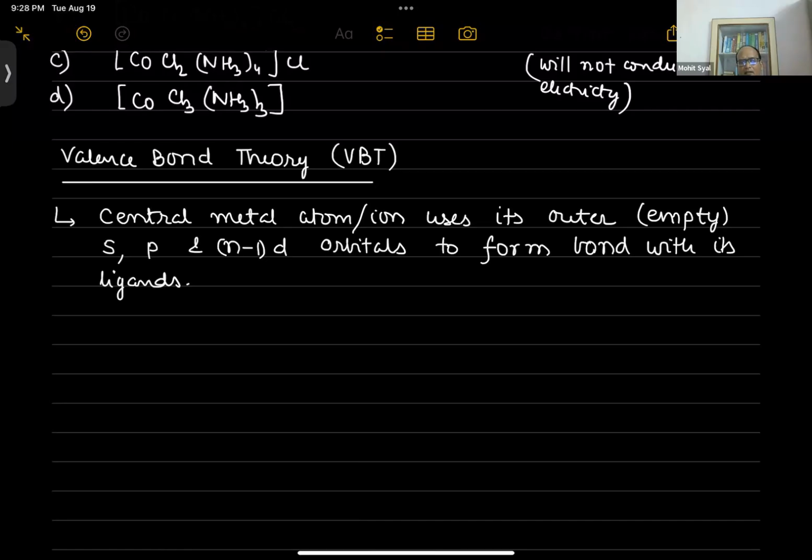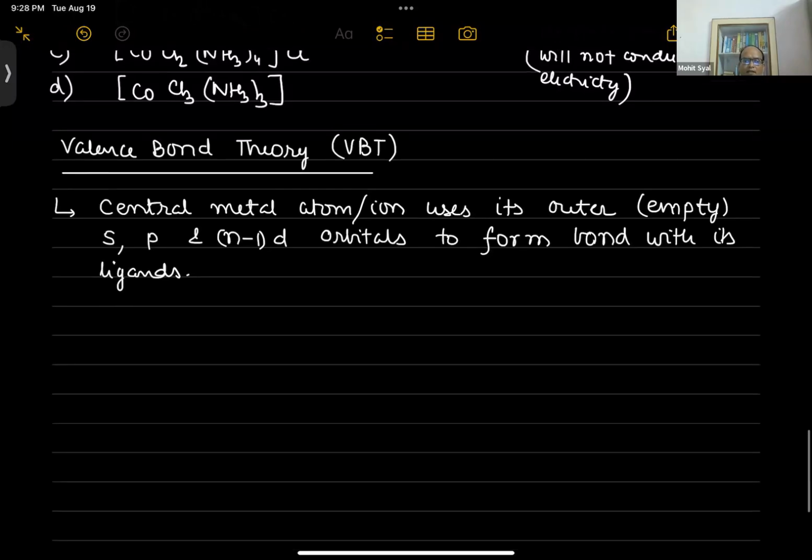They must be empty. Why must they be empty? Any idea about it? Aisha, Justine, tell me why the orbitals must be empty. Because they have to bind with the ligands. They have to accept their lone pairs.